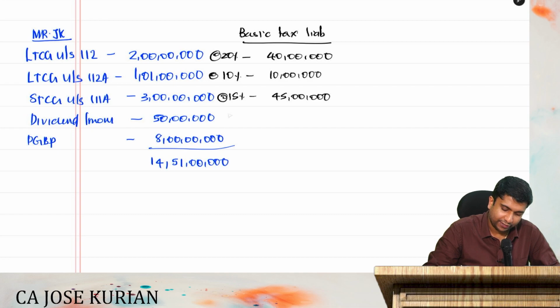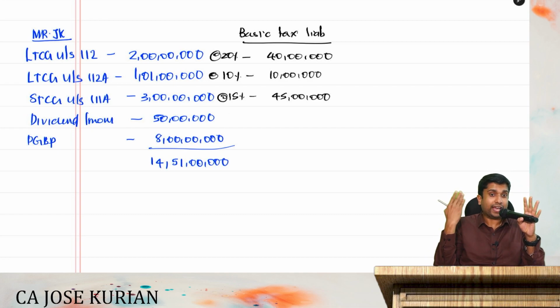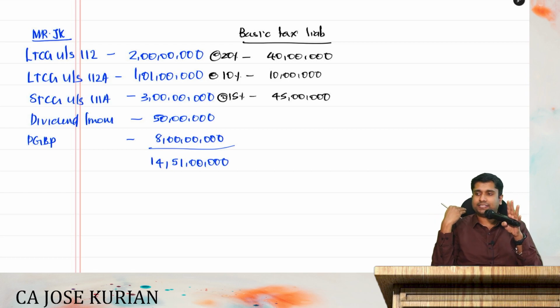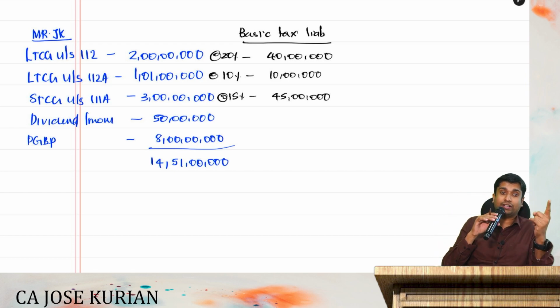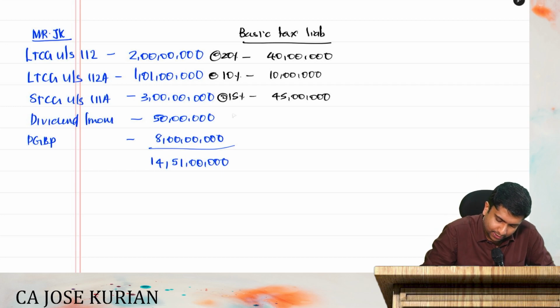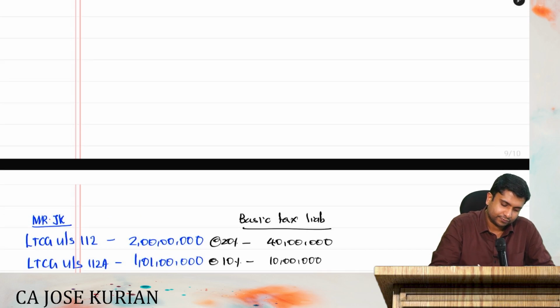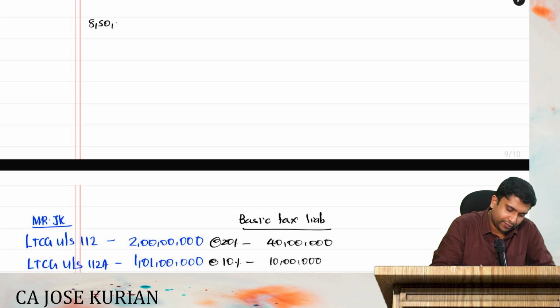Now, for dividend income and PGBP income, we don't have flat rates. Do we have? No. Dividend income and PGBP income are subjected to slab rates. Yes or no? So these two are subjected to slab, 8 crore 50 lakh to slab. How much will be the basic tax liability?